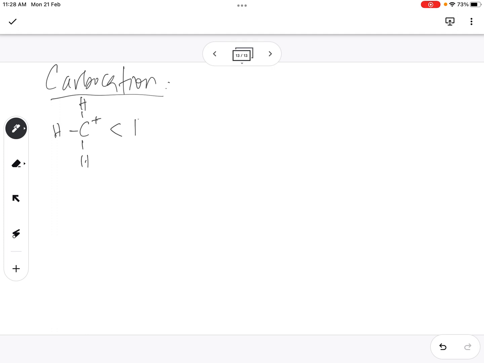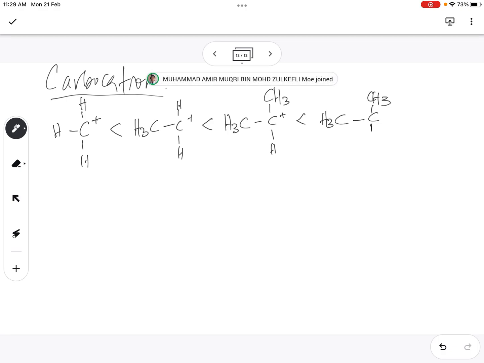Okay, and then H3C, C, hydrogen, hydrogen plus, then H3C, C, CH3, H plus, then H3C, C, CH3, CH3 plus. Okay, so this is methyl, this is primary, this is secondary, and this is tertiary.